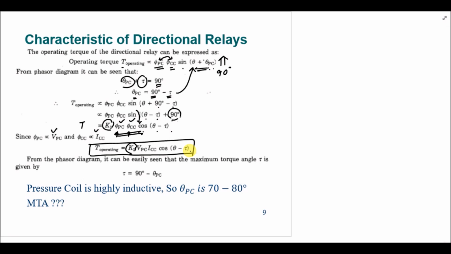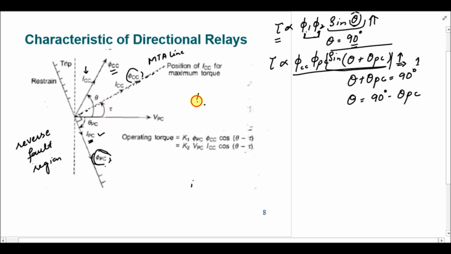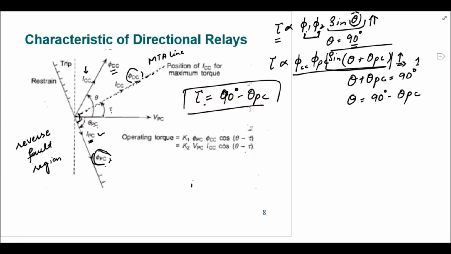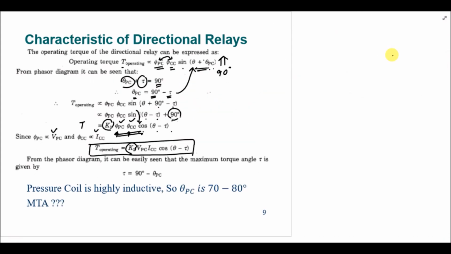And here from the phasor diagram, the tau is actually equal to 90 degree minus theta PC. So this is tau, this is theta PC, this whole angle is equal to 90, so tau plus theta PC is equal to 90 degree, so tau is equal to 90 minus theta PC. Now we also know that the pressure coil is highly inductive because it is a coil, so its inductance is high.